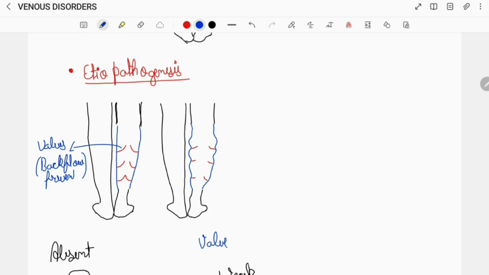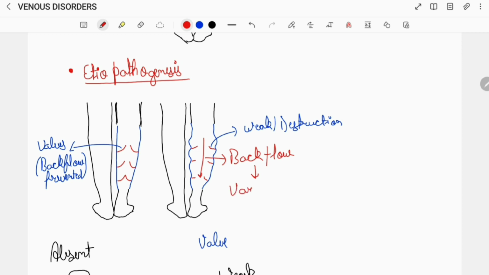Now, if I talk about the pathogenesis, if these valves are affected in any way, be it becoming weak or undergoing destruction, it causes backflow of the blood, and that leads to filling up of the veins and making them dilated, and then you suffer from varicose veins.